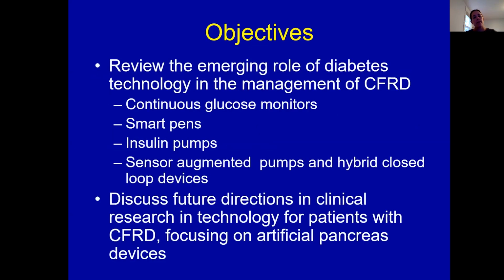So over the next 20 minutes, what I'd like to do is talk about the emerging role of diabetes technology in the management of CFRD, focusing mostly on continuous glucose monitors, smart pens, insulin pumps, and sensor-augmented pumps and hybrid closed-loop devices. And then we'll talk more about future directions in clinical research in this field, specifically on artificial pancreas devices.